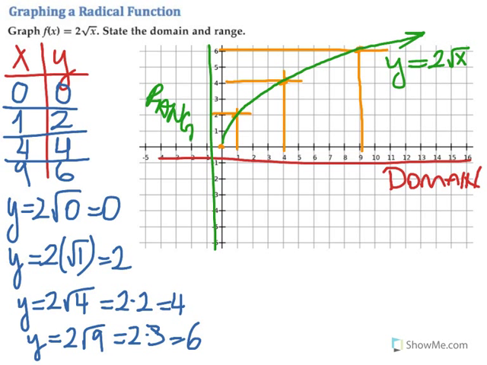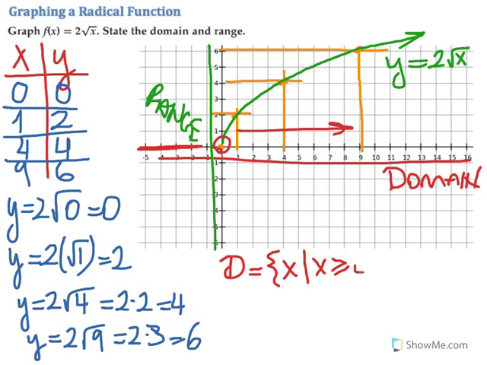So, let's see. Now for the domain, the x values start from 0 and go this way. Here, no x values are used, and so we are not going to include them. So it will be x values such that x is greater than or equal to 0.